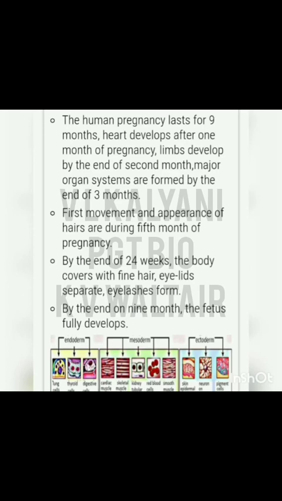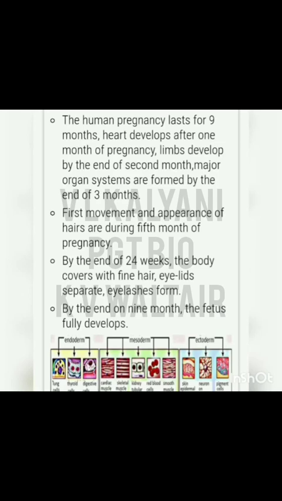Next, the development of the embryo starting from implantation will take, children, 1 to 9 months. So, 9 months of pregnancy. What changes take place in the 9 months of pregnancy? Very important. After 1 month, the heart will be developed.